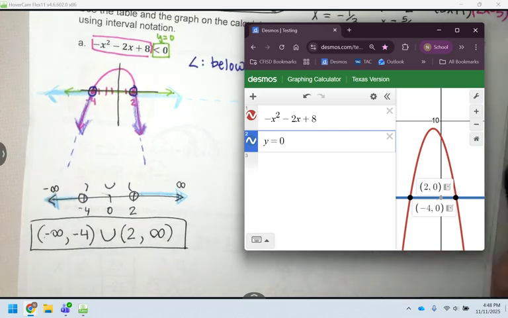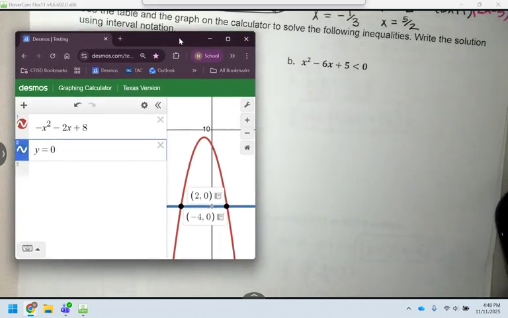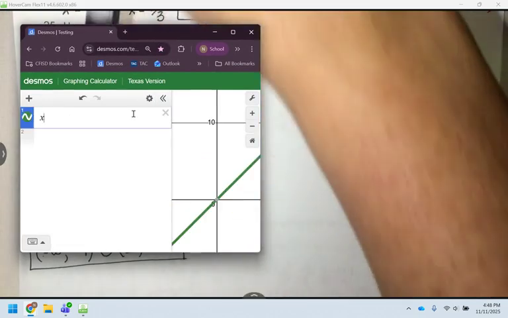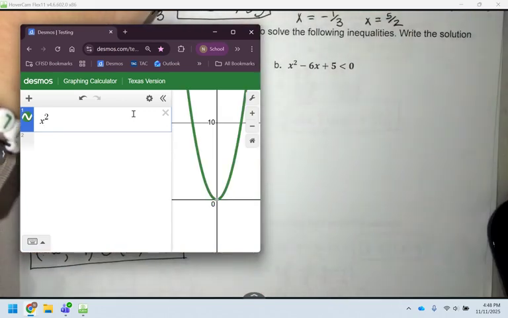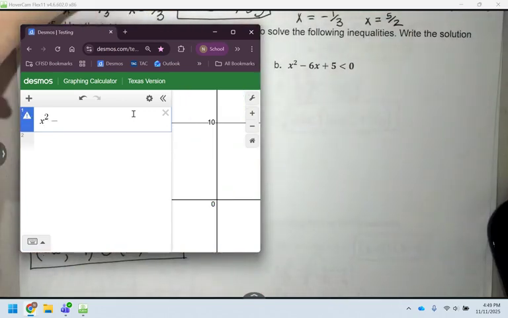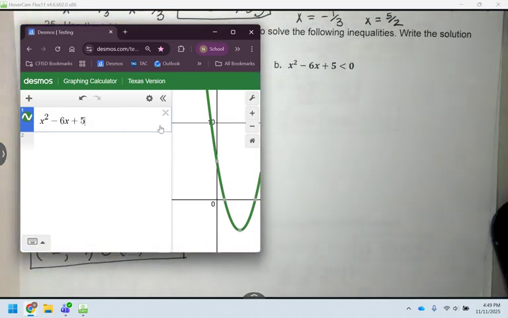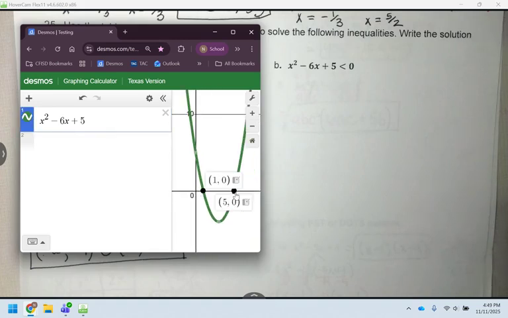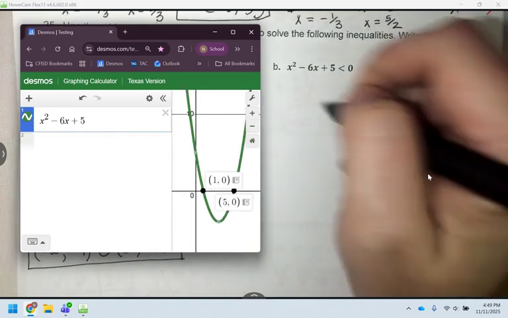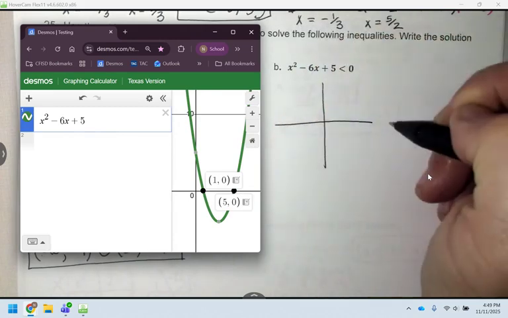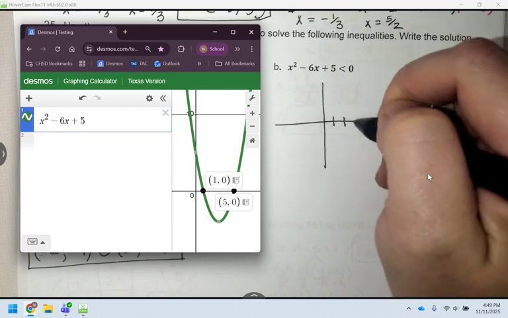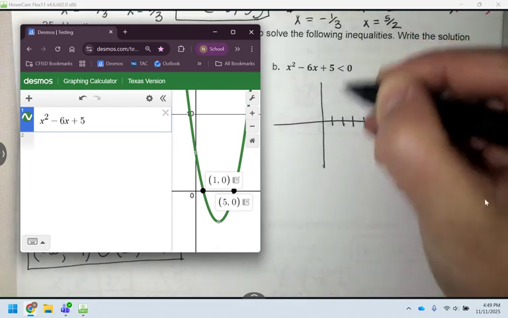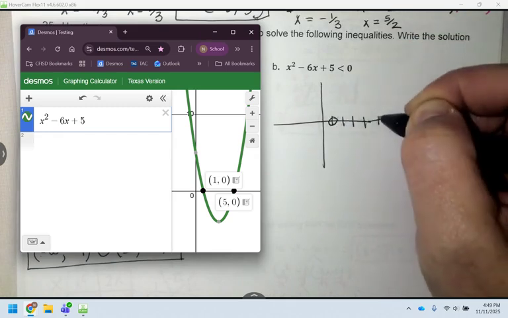All right, let's move on to letter B. Let's get a picture. The only important points here are the x-intercepts at 1 and 5. Less than is an open circle.